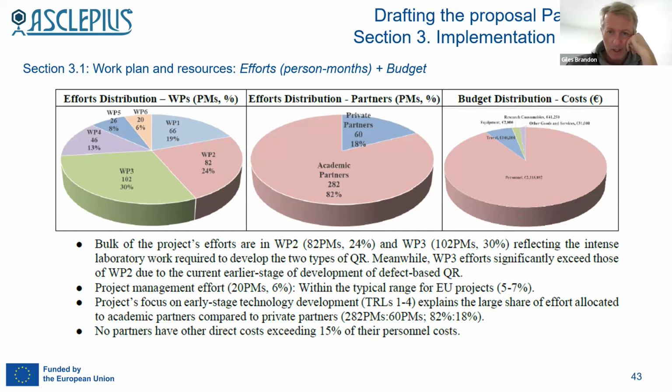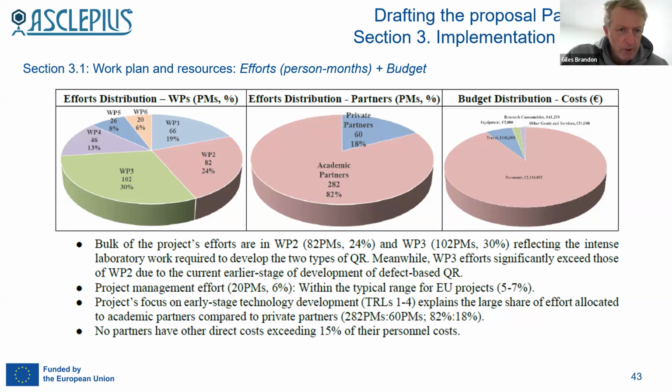Now, the classic thing you'll see in well-written Horizon Europe proposals is some sort of figures like this with pie charts where the distribution of efforts and the distribution of budgets is shown. I'm going to step through each of these pie charts and say a few words.